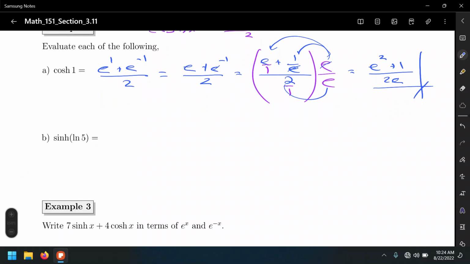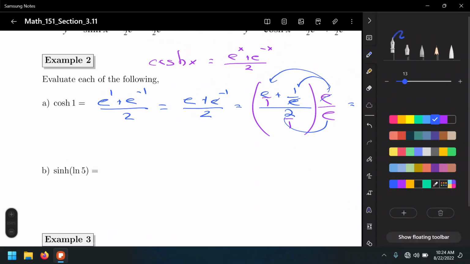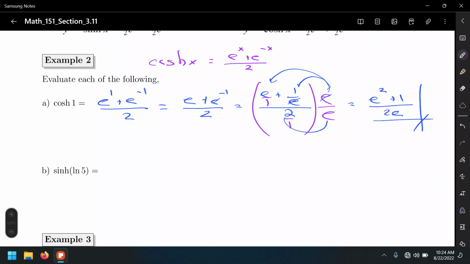First of all, we need to rewrite this sinh function in terms of its definition in exponential functions. Let me write down the sinh function. Recall that sinh is also the exponentials e to the x minus e to the negative x over 2, in this case with a minus sign in between. All right?